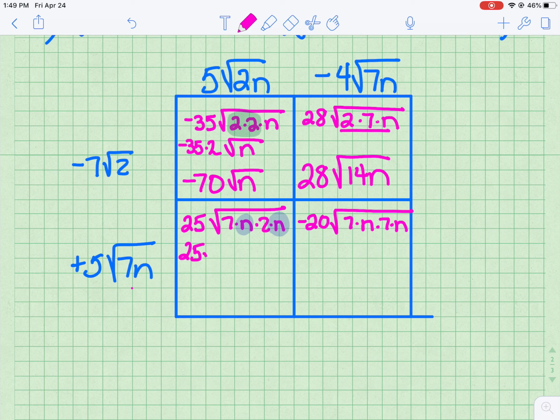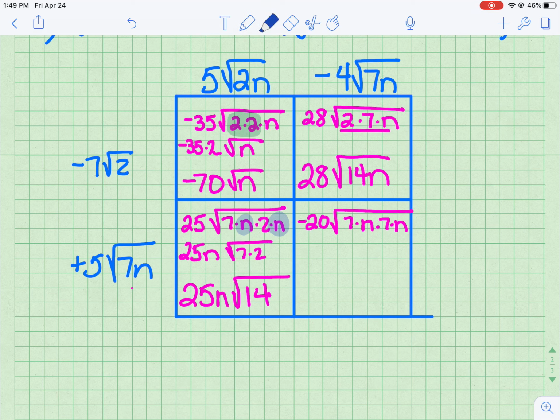Only one of them makes it out, and left behind is the 7 times 2. So that final box there is 25n root 14. I really hate this problem because it doesn't simplify down nicely.